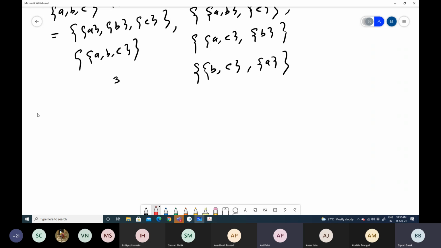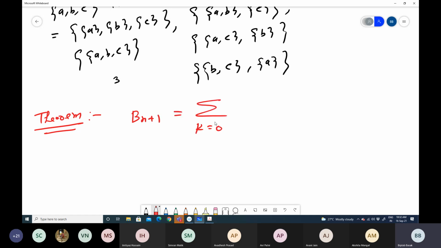Now the theorem is that B(n+1) equals the summation over k from 0 to n of n choose k times Bk. This is the theorem. Again, it is easy to prove. You just have to count. In combinatorics, we just count.